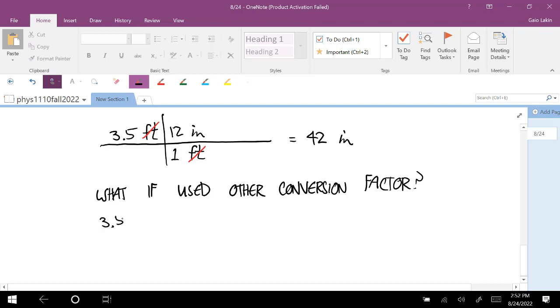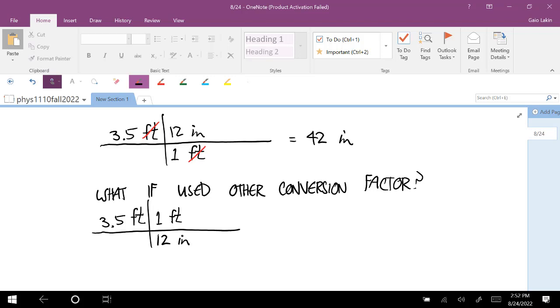You start with 3.5 feet, and this time you multiply it by 1 foot over 12 inches. We didn't do anything wrong.